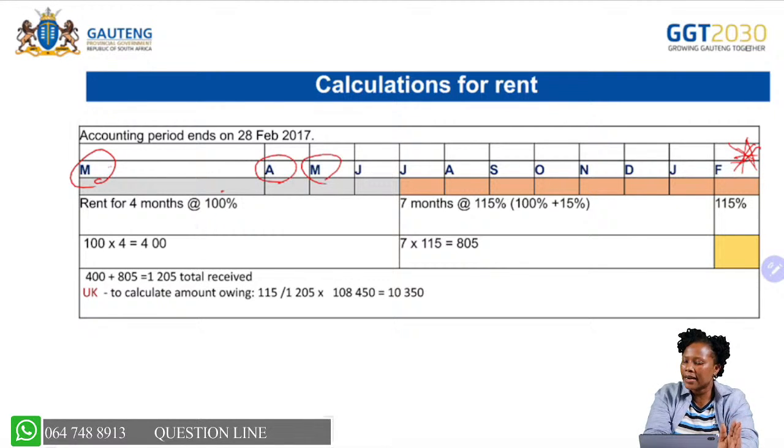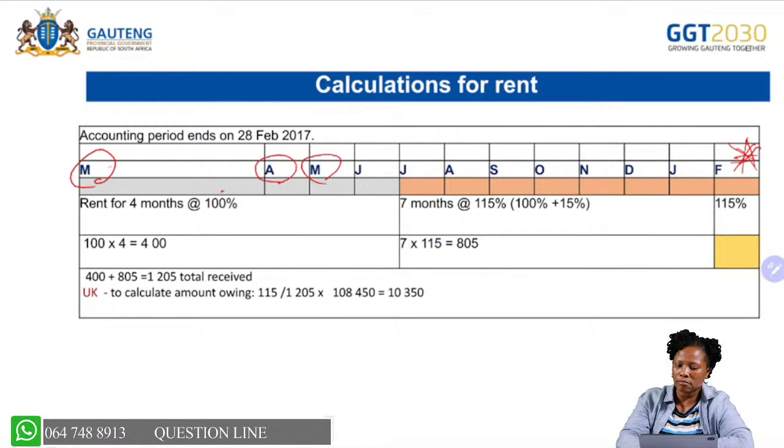Then as you move to July, August, September, up to January, we have 7 months, and the rent is at 115. You say 100 plus 15, it gives you 115. And then also for February, it must be 115.